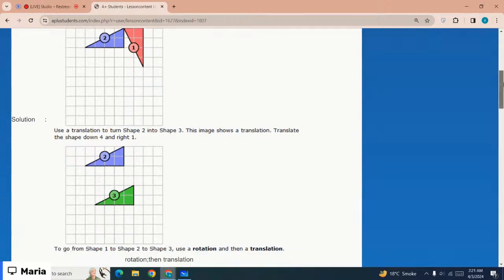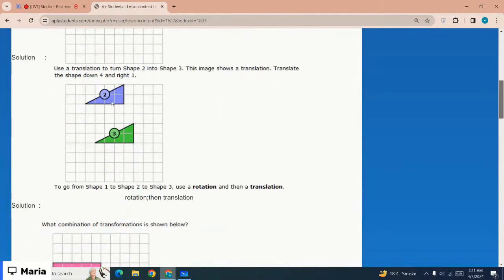Here is the original triangle 2, and here is the one that is translated, right? So when the question is from 1 to 3, you did a rotation first, and then a translation.